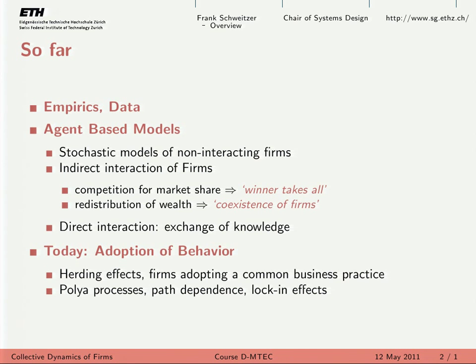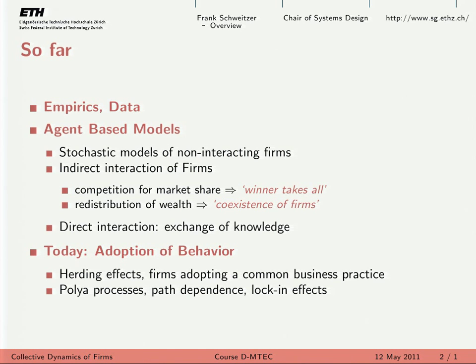Of course, if you think of the problem from the perspective of the firm, then there is a strategic decision with whom to interact and so on, right? But this is usually not really made based on a calculation of a utility.